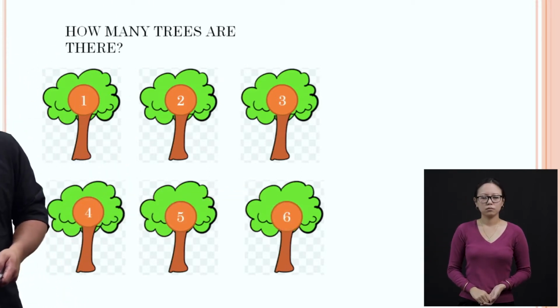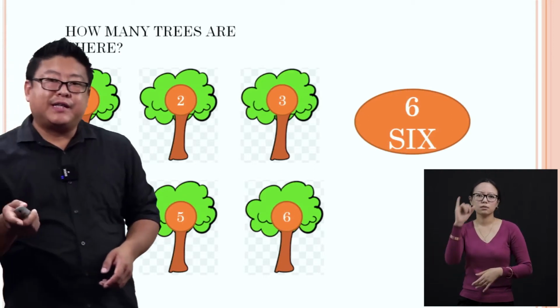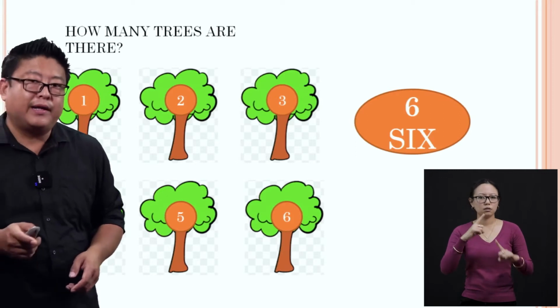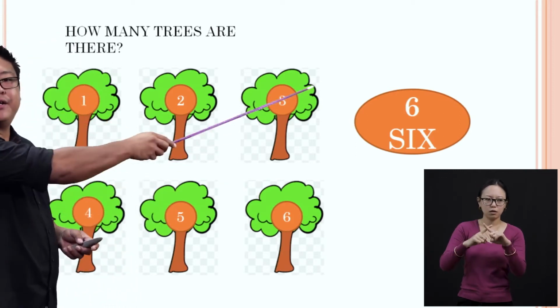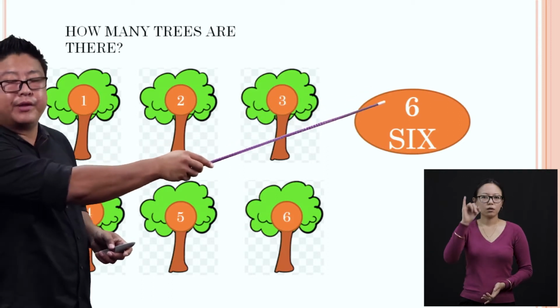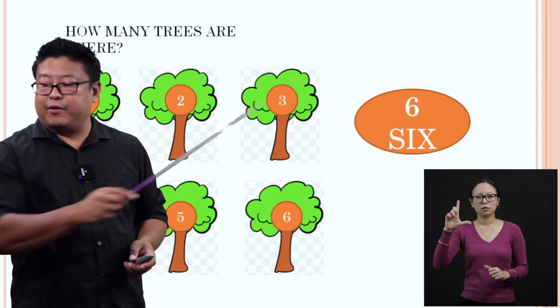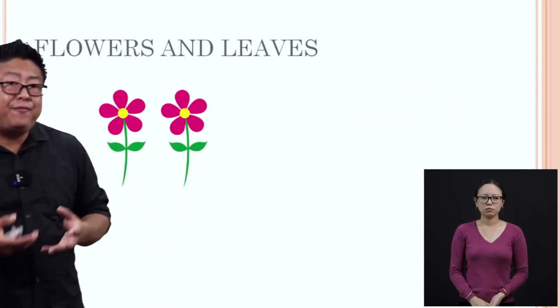So here total we have 6 trees. So 6 is its numeral and SIX is its number name. The symbol 6 is the numeral and SIX is the number name. All right, children? So let's try to look at different examples now.